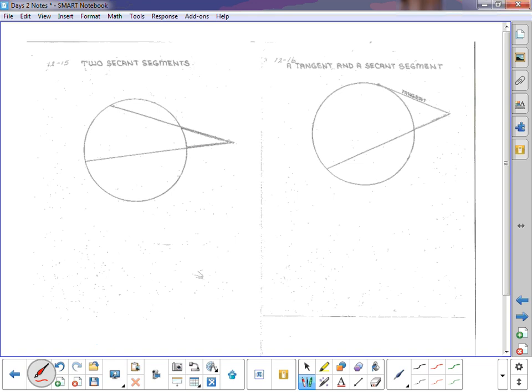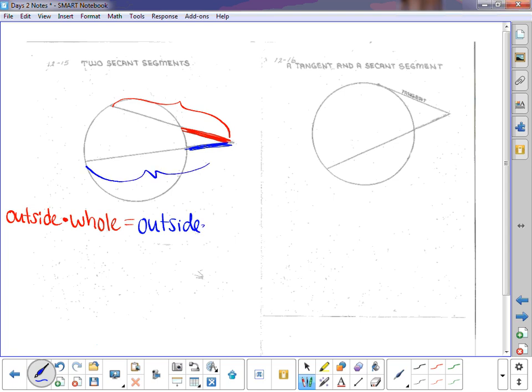So our formula is going to be outside, and I'd recommend if you have colors to use them, or you can just call it outside sub 1 if you want. Outside times the whole equals my outside times the whole piece once again.